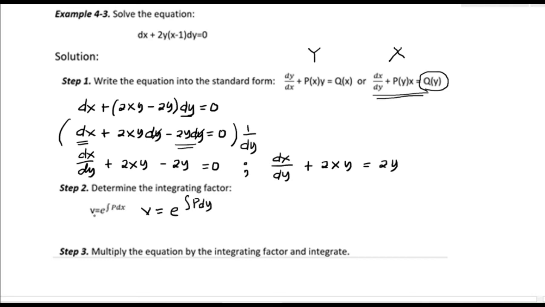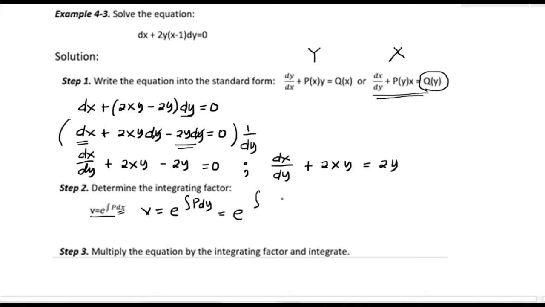Take note, this formula is for linear equation in terms of y. And since our given problem is in variable x, we have to change the dx to the other letter, that is dy.